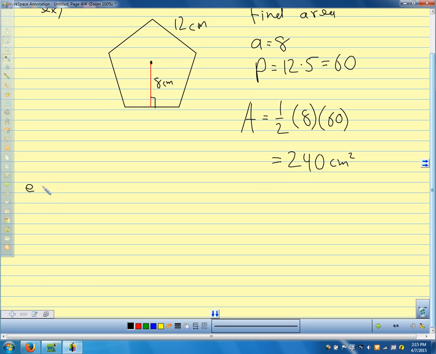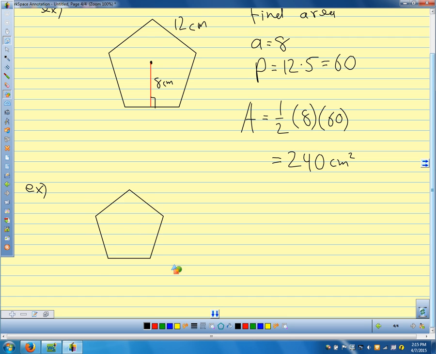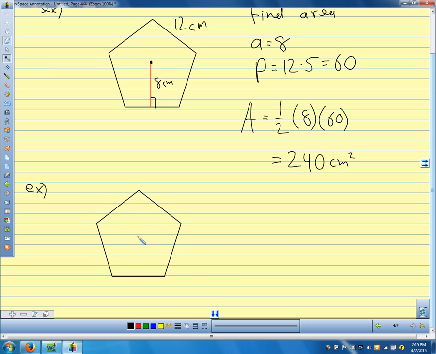What if we had one that looked like this? And again, I'm using pentagons, not because pentagons are the only kind of polygon, but that's just what I happen to pick to use.